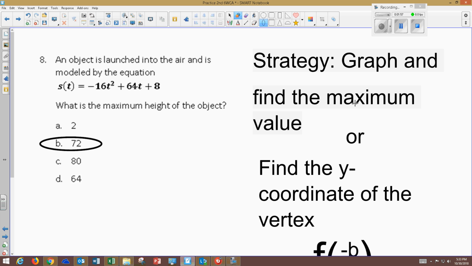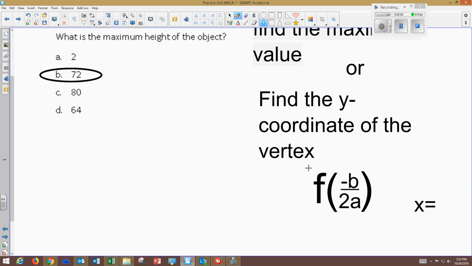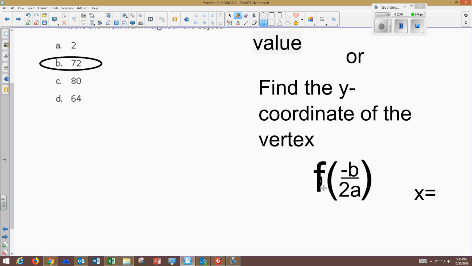The other way we could have done it is to just find the y-coordinate of the vertex. In other words, calculate f of negative b over 2a.